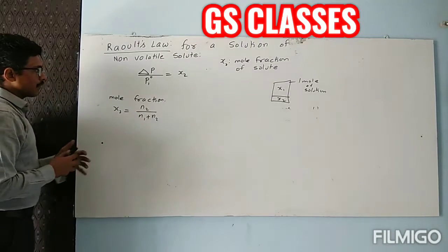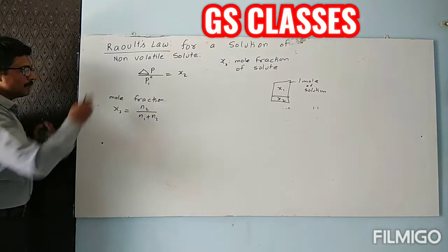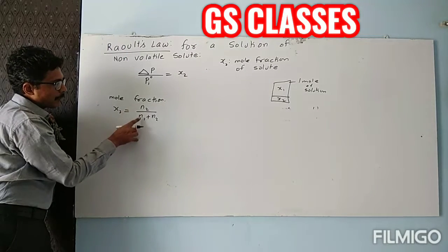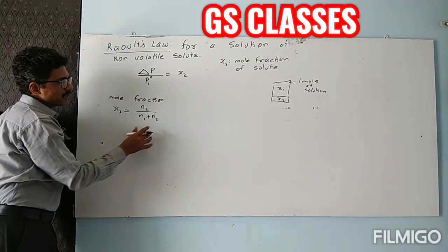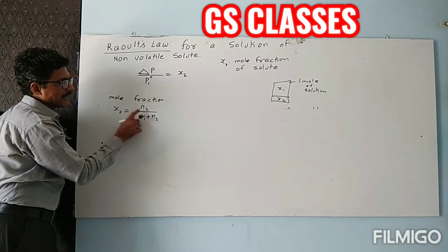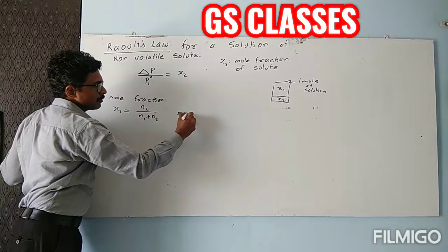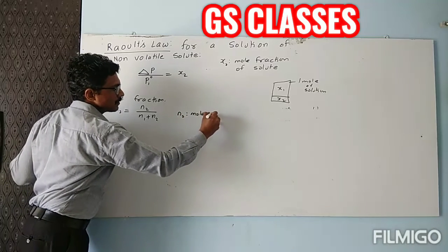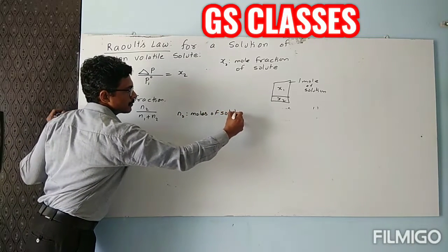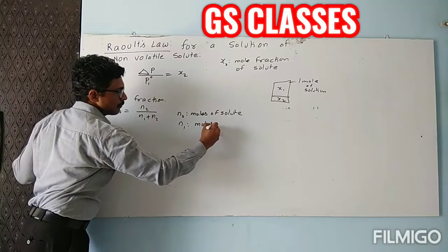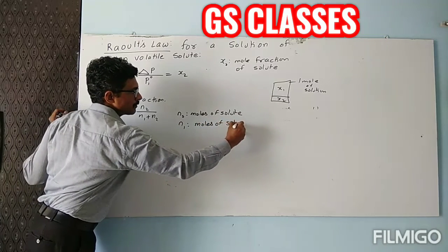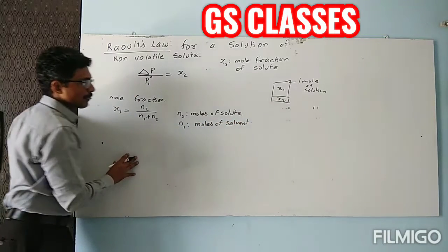Now we will come back to our base actual formula. X2 is N2 upon N1 plus N2. Children, you might have noticed that N2 is the moles of solute and N1 is the moles of solvent.